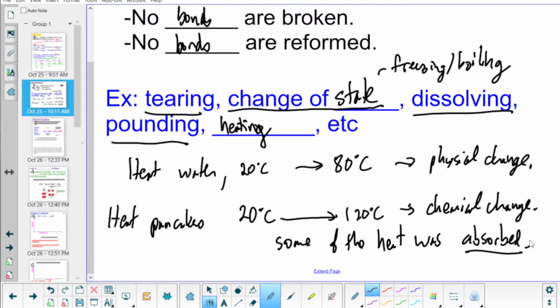Some of that heat went to breaking and reforming bonds, and you made a pancake. That would be really difficult to tell apart if you just went by temperature. We're also going by the pancake change. It went from liquid to a solid. It changed in color. It changed in flavor. There's a lot of things that changed about the pancake that didn't change in the water. All of the heat that went into the water changed its temperature. But some of the heat that went into pancakes actually chemically changed it. So cooking is a chemical change, but just boiling water is a physical change.